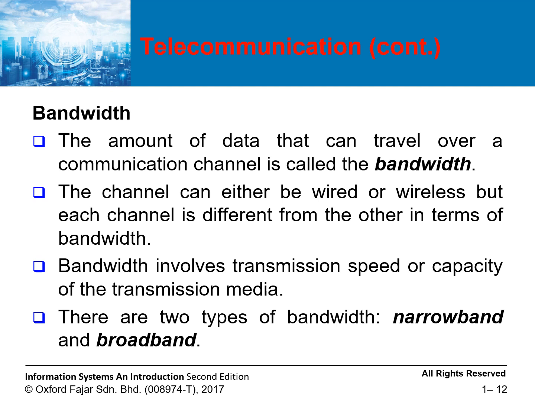And there are two types of bandwidth. First is narrowband and second one is broadband. So narrowband is a channel wherein the bandwidth of the data does not exceed the channel coherence bandwidth.